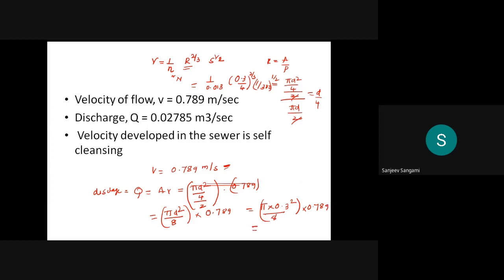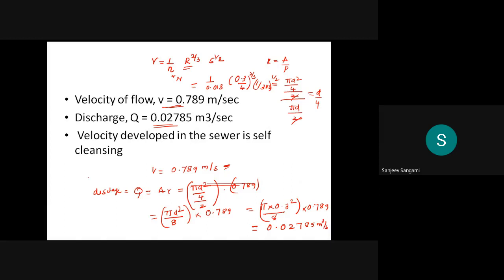So then you will get 0.02785 meter cube per second. So this is the Q, and this is the V.